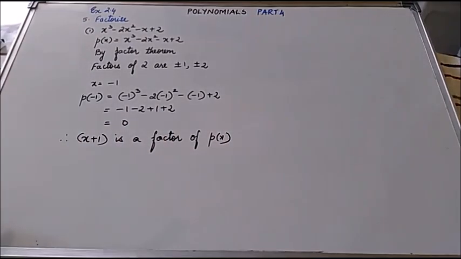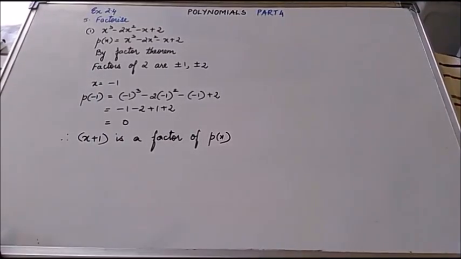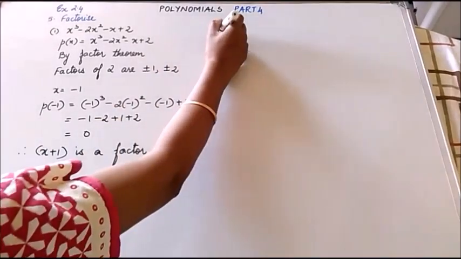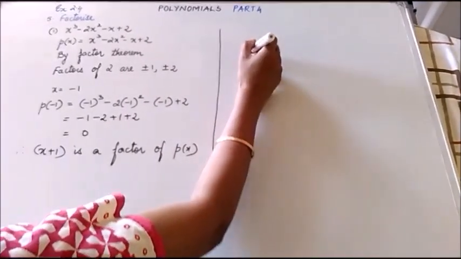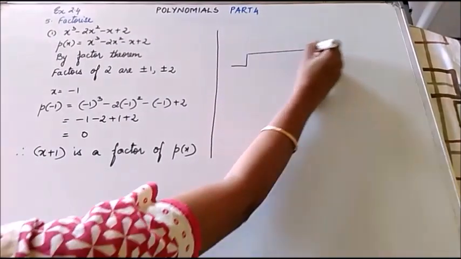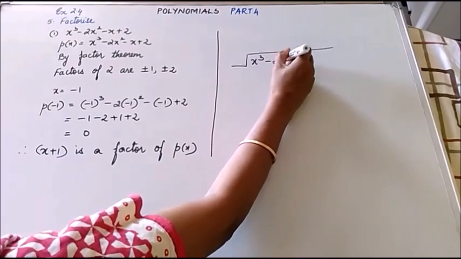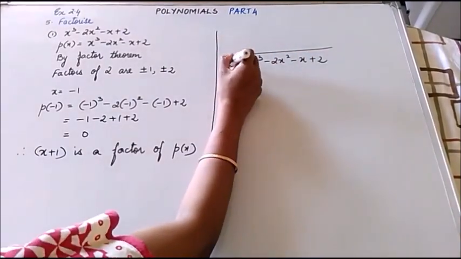The other factors also we can find by trial, but we will not use that method. The second factor we will find by long division method. Here now we divide x cube minus 2x square minus x plus 2 by x plus 1.